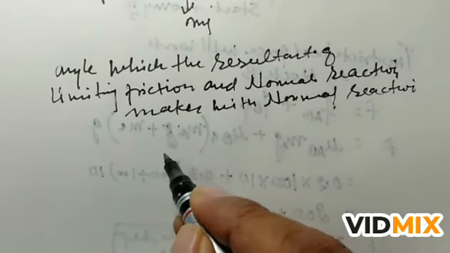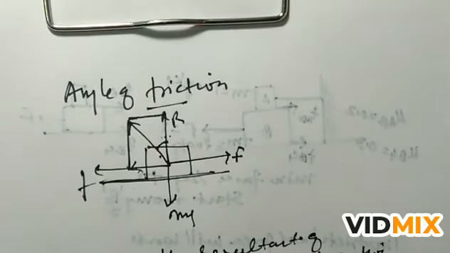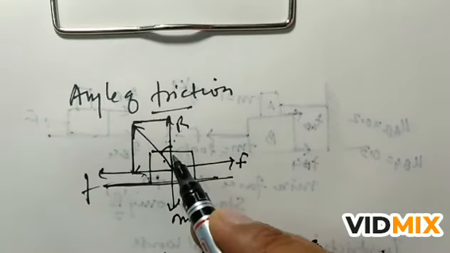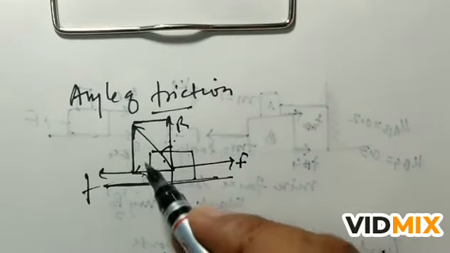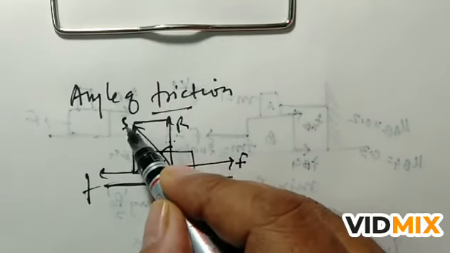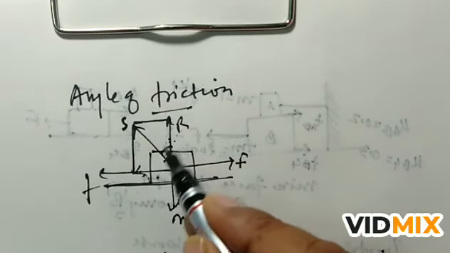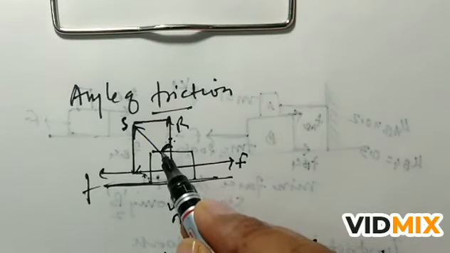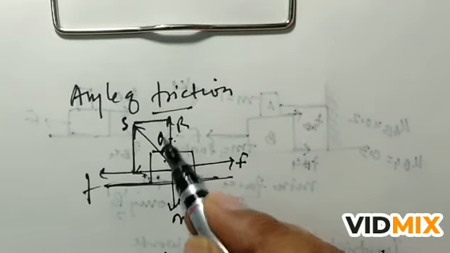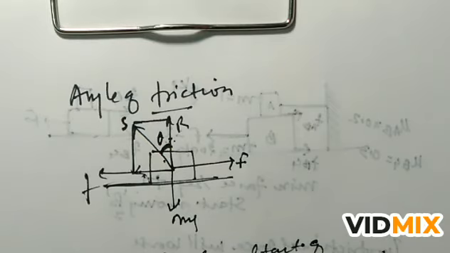So if you see from here, this is the normal reaction and this is the resultant of limiting friction and normal reaction, and the angle between the normal reaction and the resultant is theta. So this is known as angle of friction.